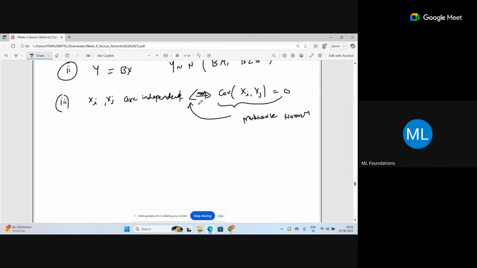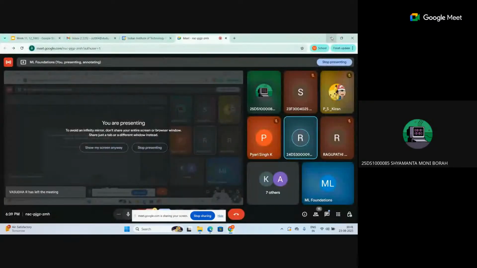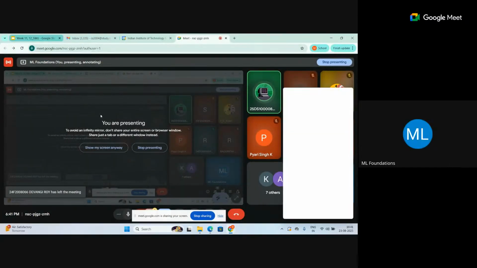But this direction is true for all: if they are independent, then definitely the covariance is going to be 0. Otherwise, it has to be checked. It is conditional, basically.